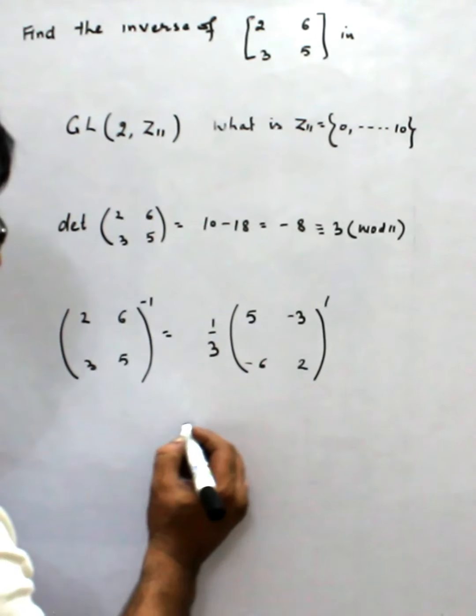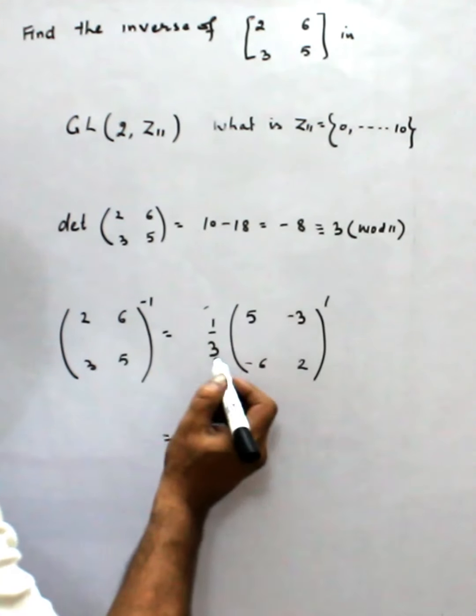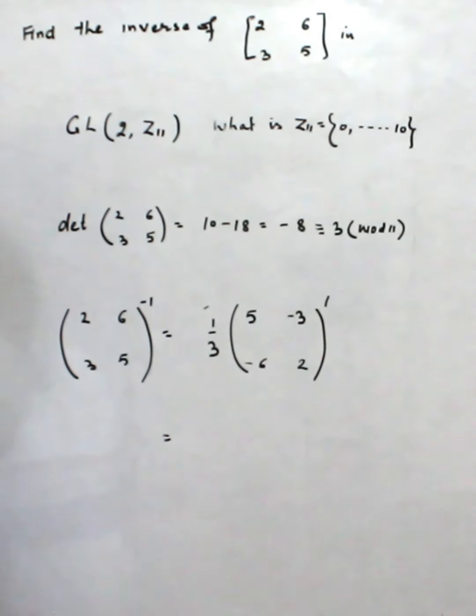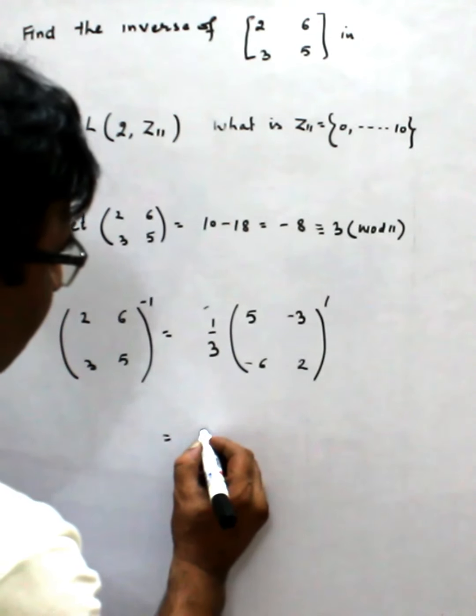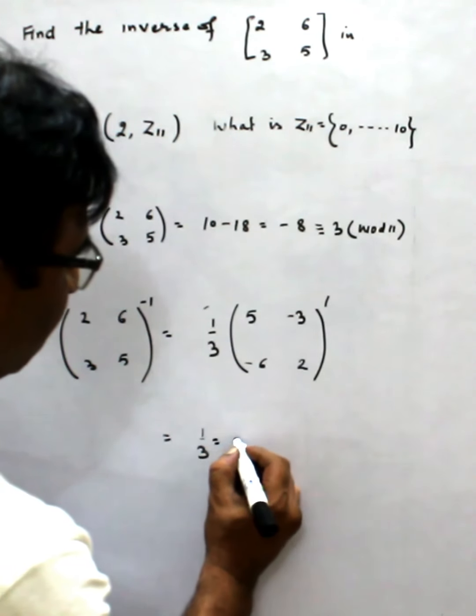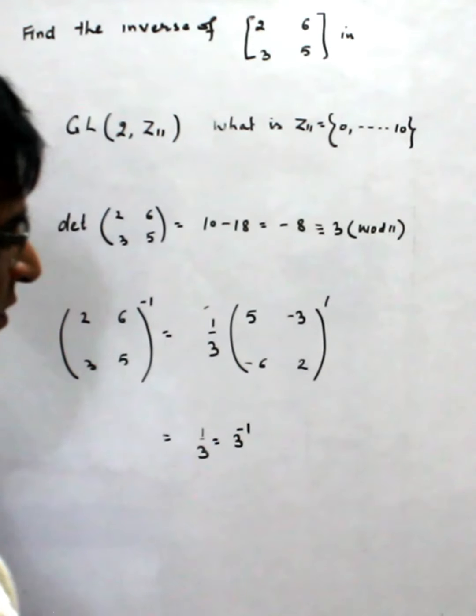This 1 by 3 is also not in Z11, so first we find what 1 by 3 is. 1 by 3 can be written as 3 inverse.